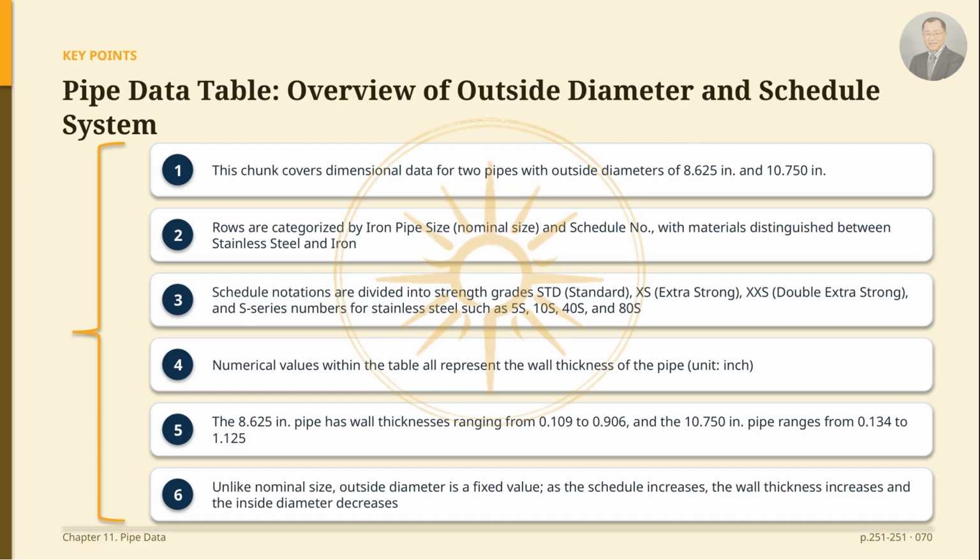For example, in the case of the 8.625 inches pipe, the wall thickness varies from 0.109 to 0.906, depending on the schedule. Since all values in the table represent wall thickness in inches, please first verify the material and strength grade of the pipe you are designing, and then refer to the value for the corresponding schedule number.